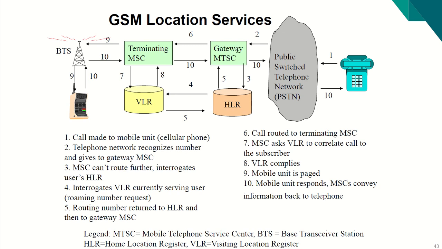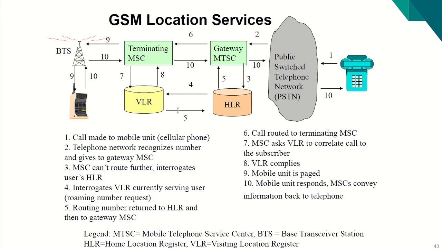The gateway checks with its database to see if that cell phone is in its home or in its visitor. If it's in its home, then it goes back. Otherwise, it checks with the visitor location register. Then the visitor location register tells that yes, that cell phone is under our control, but it's a visitor.